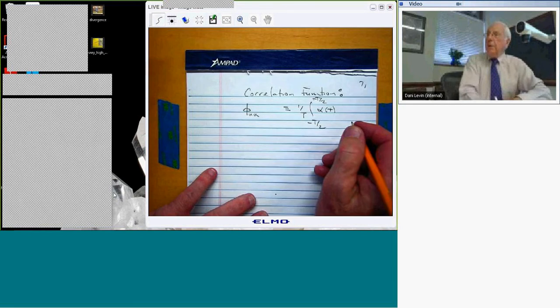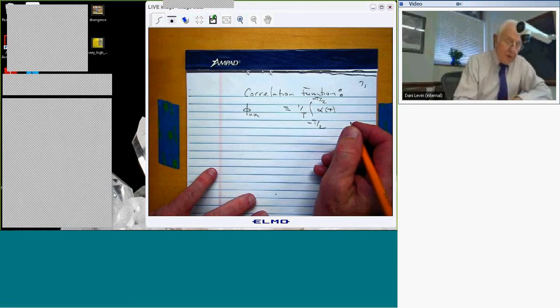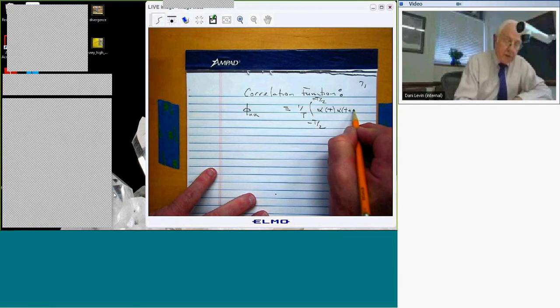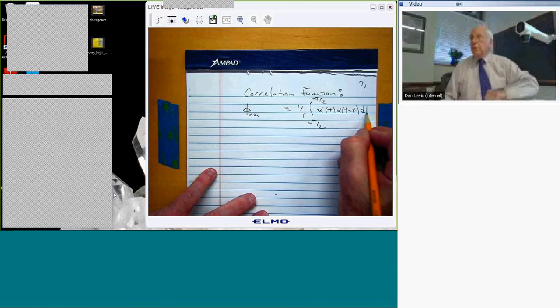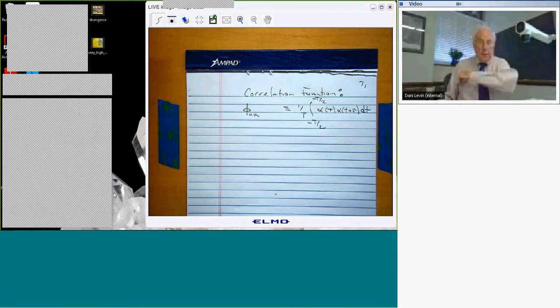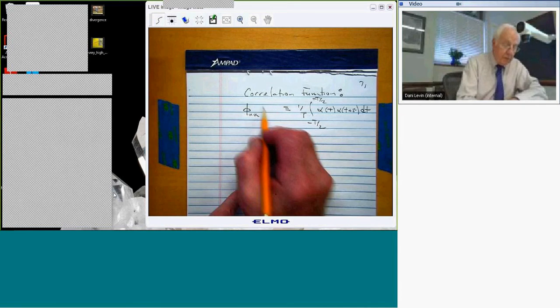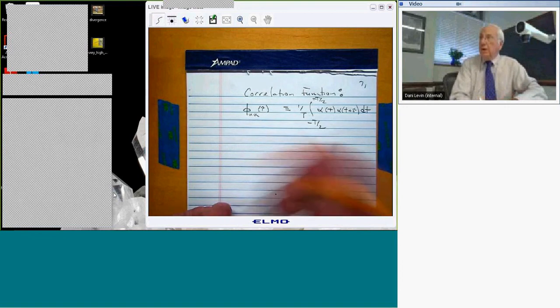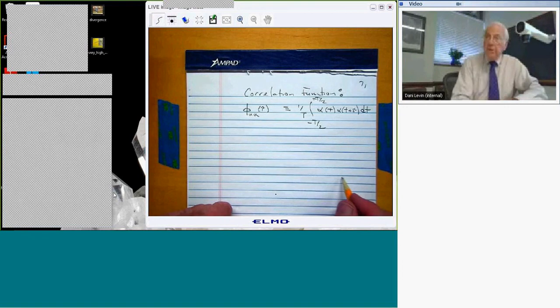But rather than multiplying by alpha of t, I'm going to multiply by alpha, a function of t plus some additional time, which I'll call tau, since that's what the rest of the world calls it, dt. Once I do this integral over t, I still have a tau remaining, right? This thing on the left-hand side depends on tau. If I set tau equal to 0, I get the mean square.